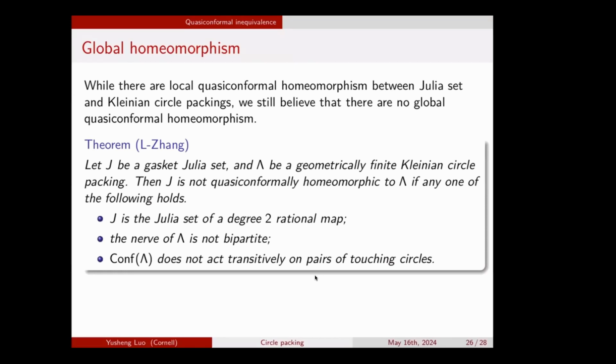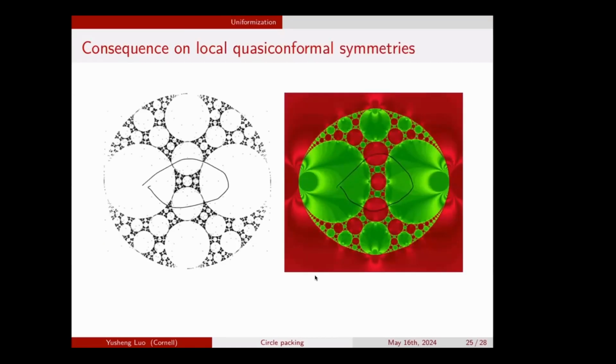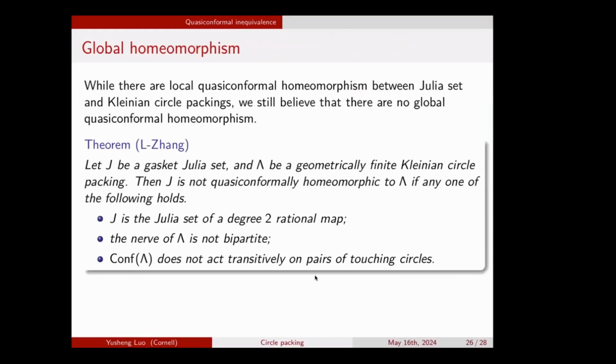And I think the conjecture is that there are no such non-trivial examples. But this particular example at least shows that the local version of this conjecture is false. So locally, they can be quasi-conformally homeomorphic. And this is a very non-trivial example. But we still believe that there are no global quasi-conformal homeomorphisms.